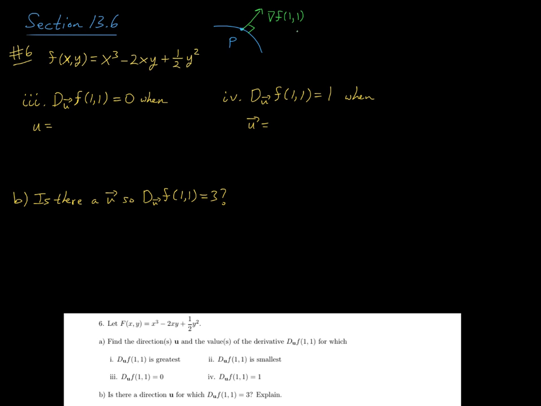If I want a 0 directional derivative, what I'm saying graphically is that I want 0 change in altitude. So in other words, I want to move along my level curve, in the direction tangent to this level curve.